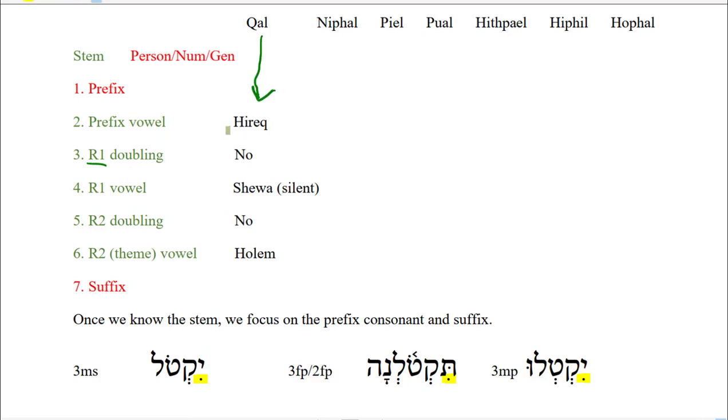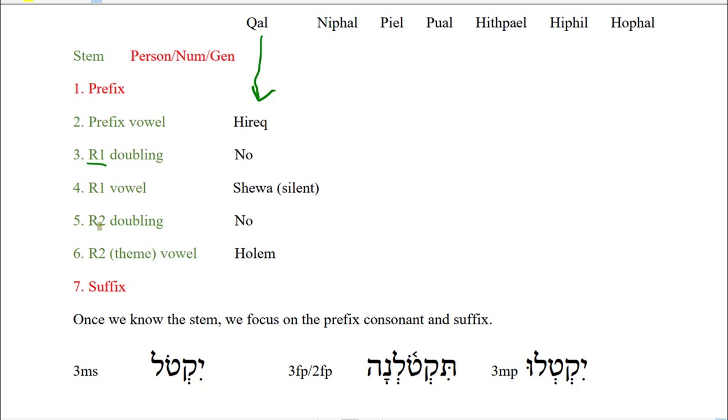So the prefix vowel, hireq, R1 doubling no. The R1 vowel, we see here it is a silent schwa. And that's pretty invariant. Occasionally for certain weak verbs, that will be a vocal schwa. So it'll be a schwa in any case, but it's usually a silent schwa.